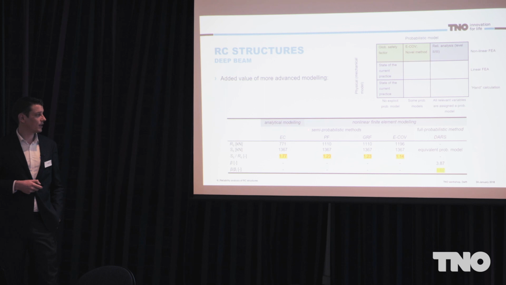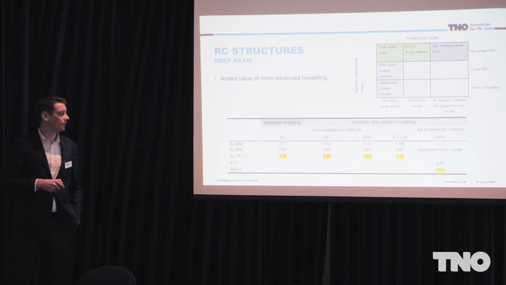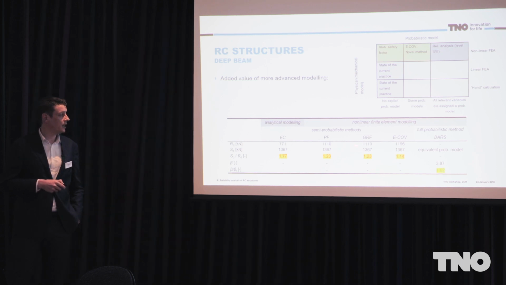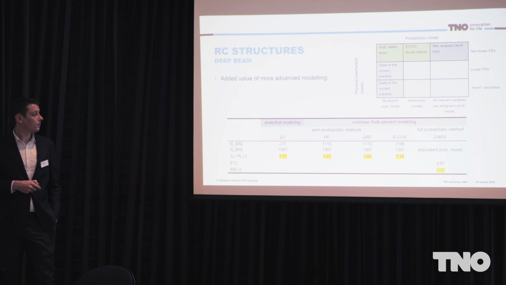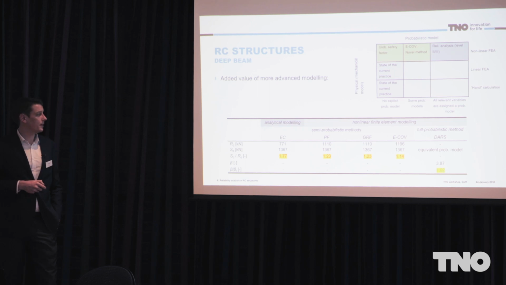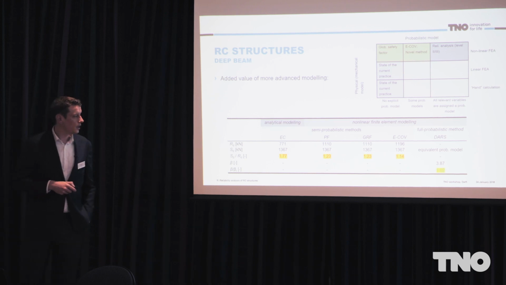This is the global resistance factor method, and this is a partial factor based method, which is also recommended for nonlinear finite element analysis. So the trend we can see here is that there is a large reserve in the structure, by moving from the strut-and-tie model to the nonlinear finite element model. Here we can see the utilization ratio is decreasing.